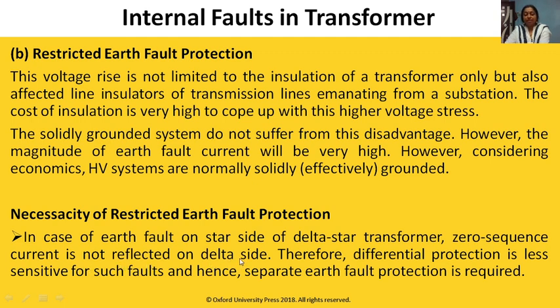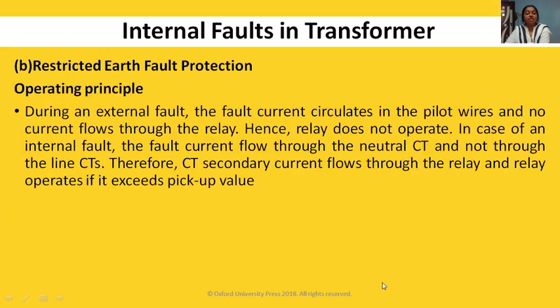So definitely the differential protection is not operating, because this will cause spill current in the operating coil. So differential protection is less sensitive for such fault, and hence separate earth fault protection is required.